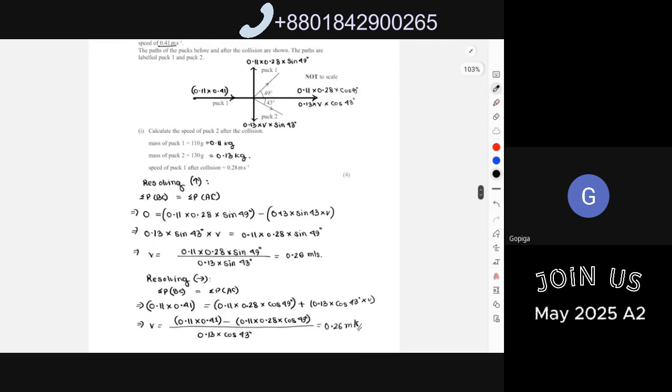You can choose either one of them and find out that unknown quantity. Please let me know if there is any problem from this working.